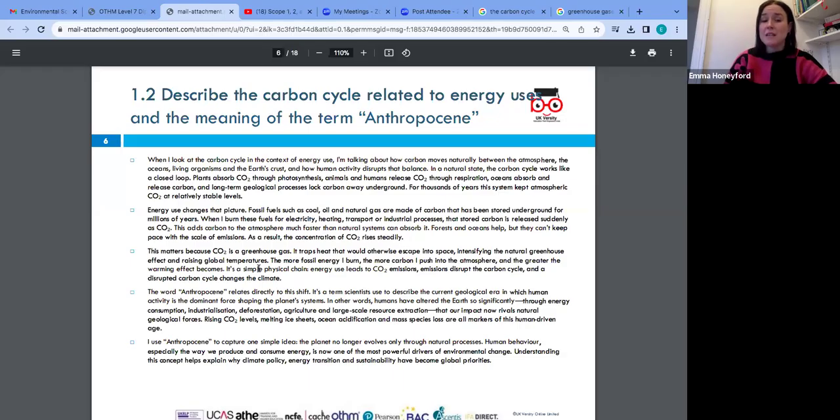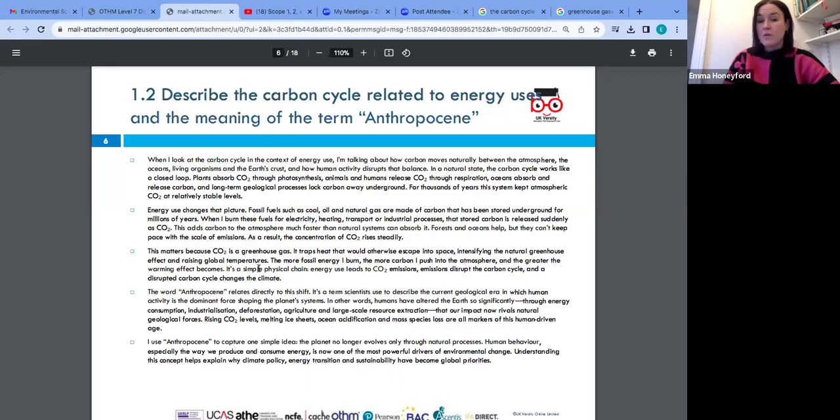This adds additional CO2 to the atmosphere much faster than natural systems are used to and can absorb. As we mentioned earlier, nature has a great way to absorb additional CO2, but because of the burning of fossil fuels, it can't work in harmony because it's happening at such a massive rate that it's unnatural and it can't keep up.